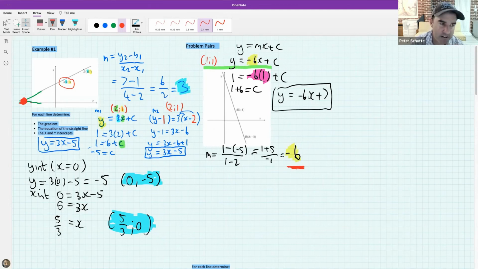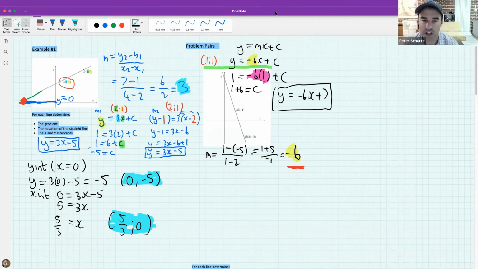Okay, now at the x-intercept, what you notice is that y is always equal to 0. So whenever you're at the x-intercept, you're in line with y equals 0. And that is why when we're finding the x-intercept, we make y 0. So I hope that helps with your question.